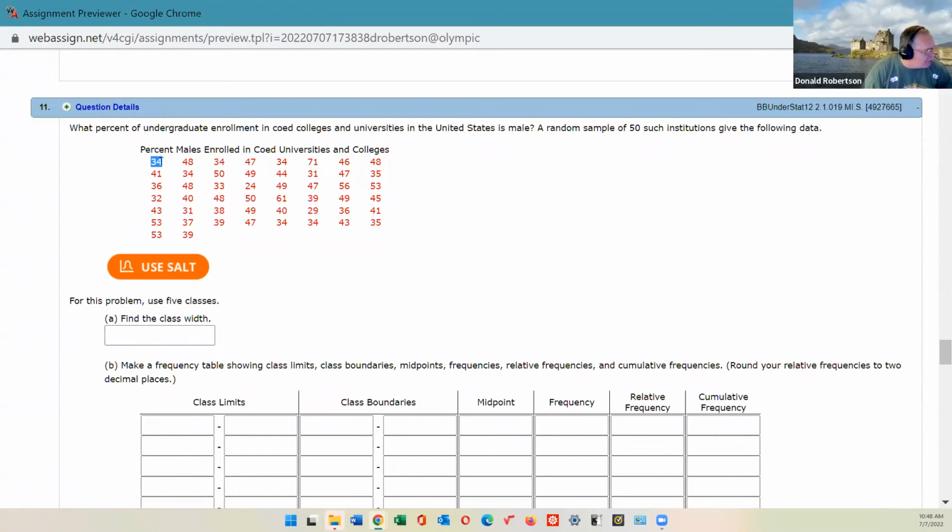This 34 means in that particular university or college, so co-ed means males and females, because I think in America, aren't there still some universities where only females go? There's probably a few, not many. There might be some universities, I can't think of one, where only males are allowed to go. But most universities and colleges are co-ed. That particular one is 34%. And this one here is 53, and this one here is 35.